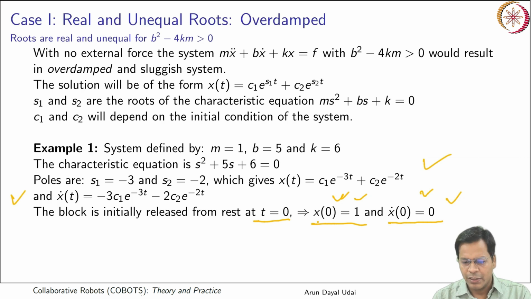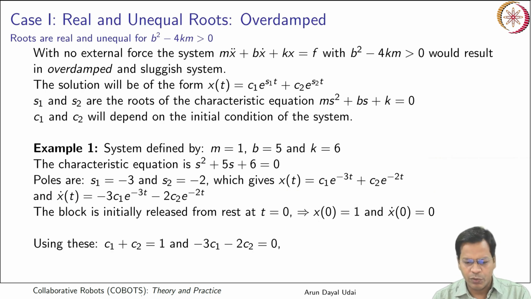So at t is equal to 0, I just put t is equal to 0 in this and put x(t) is equal to 1 here. So I'll get one equation, and again x dot 0 is equal to 0, so I'll put again t is equal to 0 in this equation.